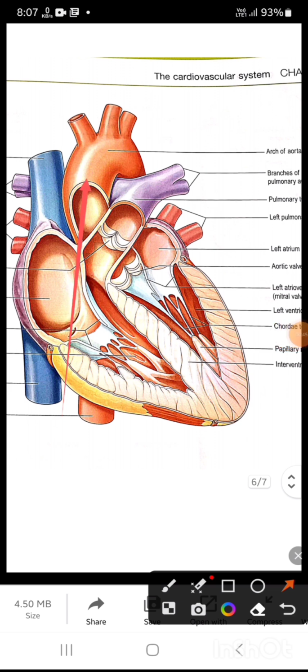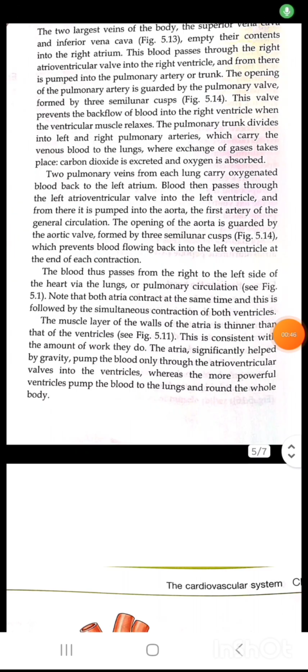So the next content is, the blood thus passes from the right to the left side of the heart via the lungs, or pulmonary circulation. Both atria contract at the same time, and this is followed by the simultaneous contraction of both ventricles.